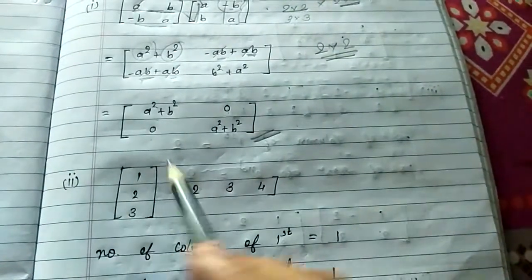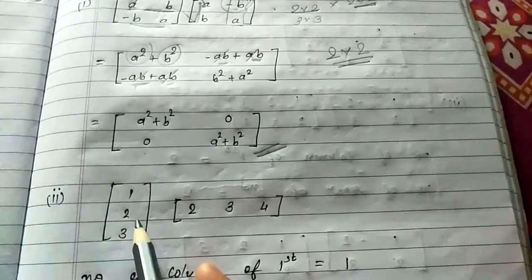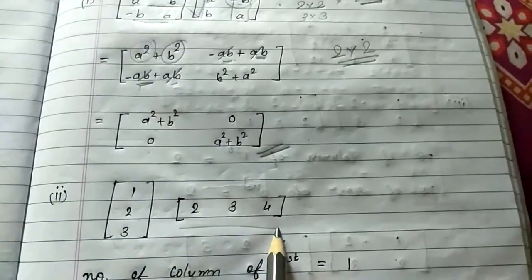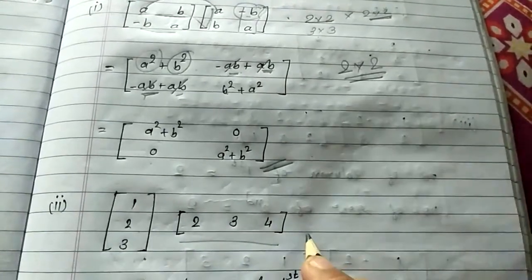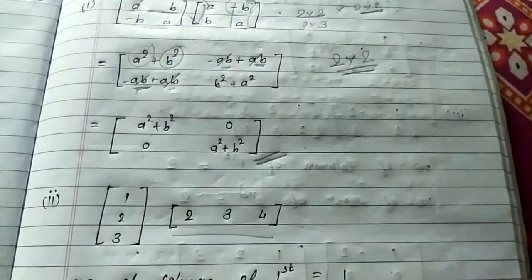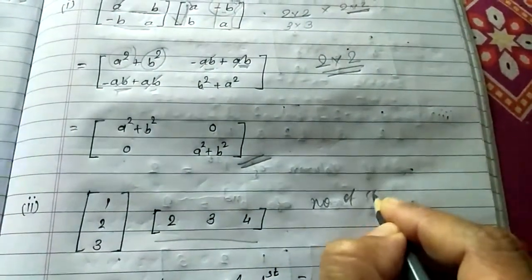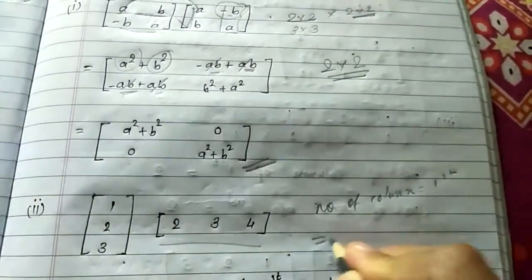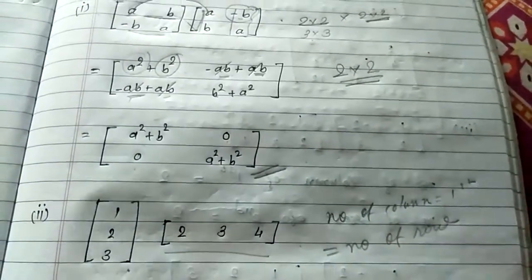Now our second question is, here you can see the first matrix is 1, 2, 3. It's a column matrix and this is a row matrix. So now we are going to multiply. First you should remember the rule to multiply: the number of columns of the first matrix must be equal to the number of rows of the second matrix.